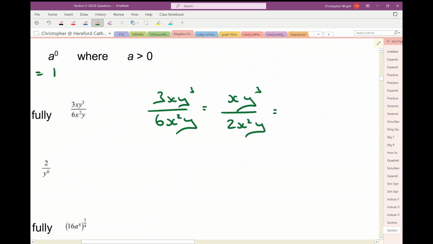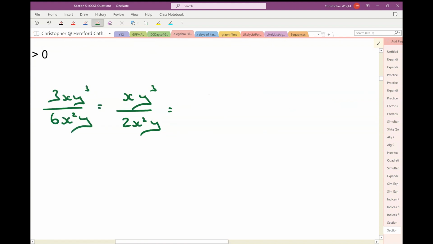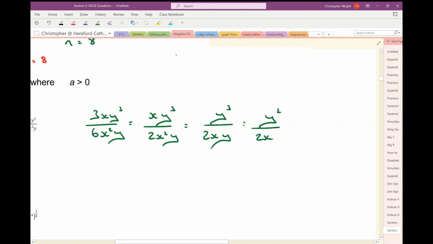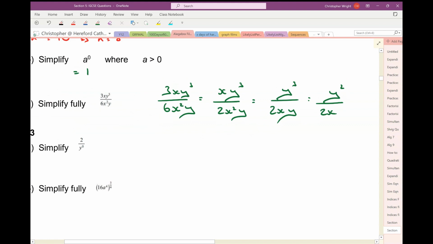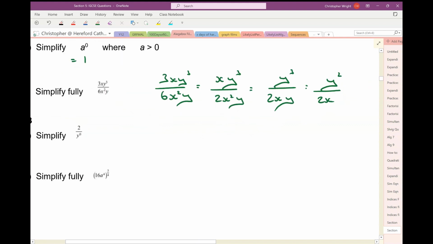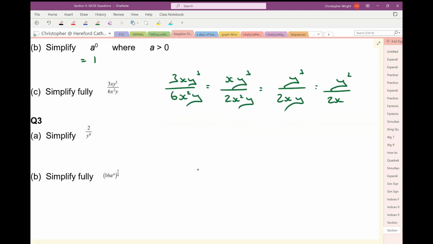Secondly, by x, leaves me with y cubed and 2xy. And thirdly, by y, to leave me with y squared over 2x. Now, I've done that in several stages. You could have done it all at once. Up to you. And that's the end of question 2.